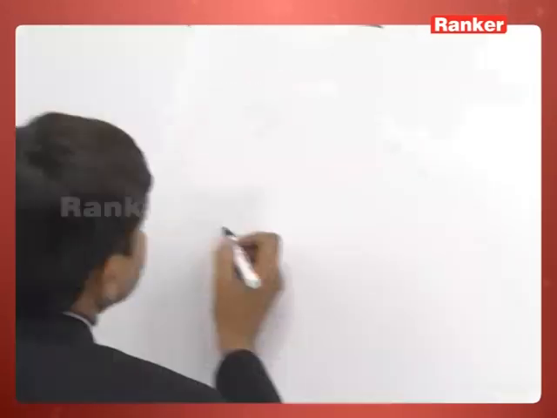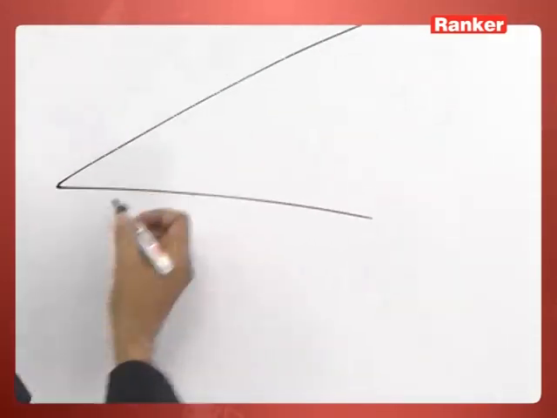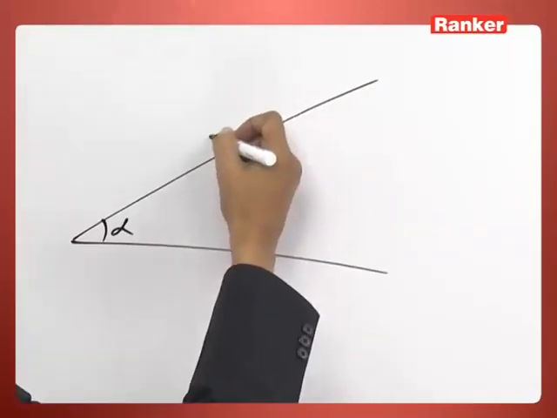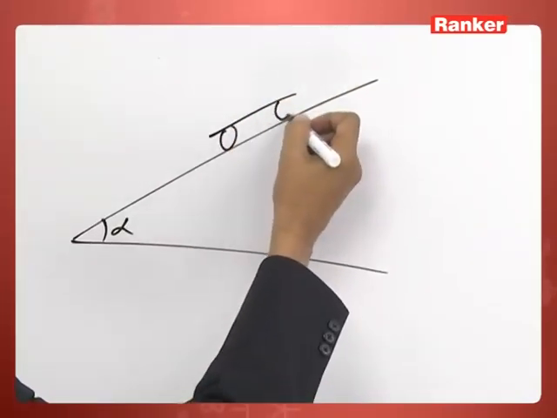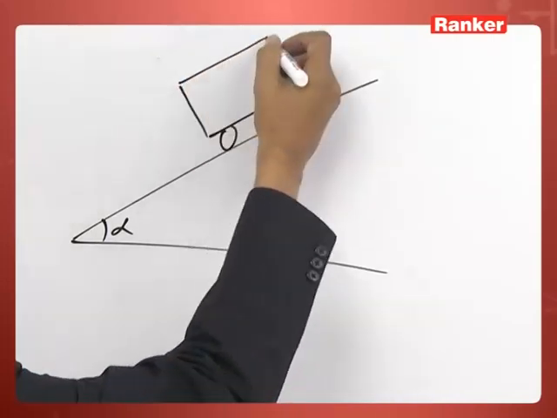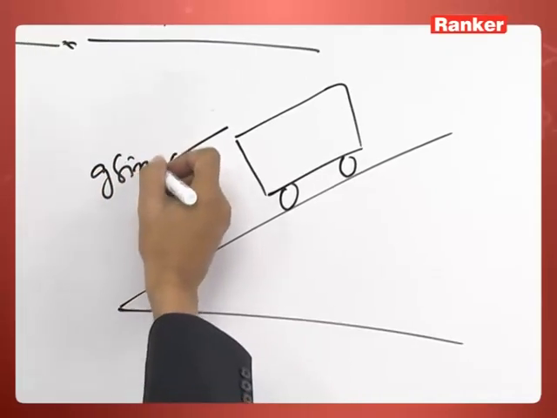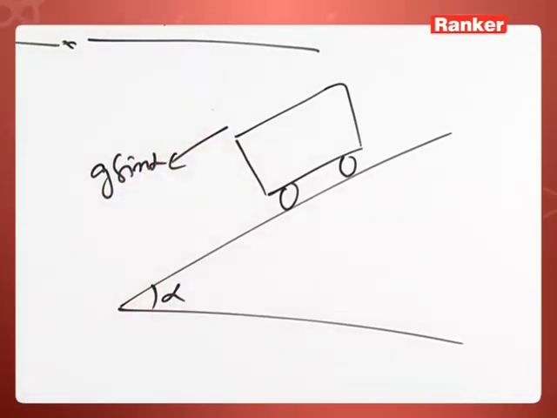See, as per the given, this is the inclined plane having inclination alpha, and here a trolley is given. So this trolley has acceleration g sin alpha in this direction.